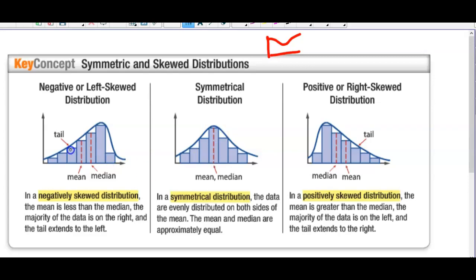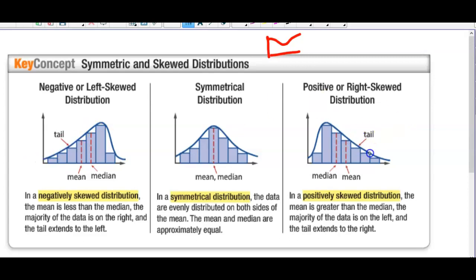If the mode occurs over to the right, and what we call the tail is dragged to the left, it is called left skewed or a negative distribution, okay? The mean is less than the median and the majority of the data is on the right, but the tail extends further to the left. So we describe where the tail is.